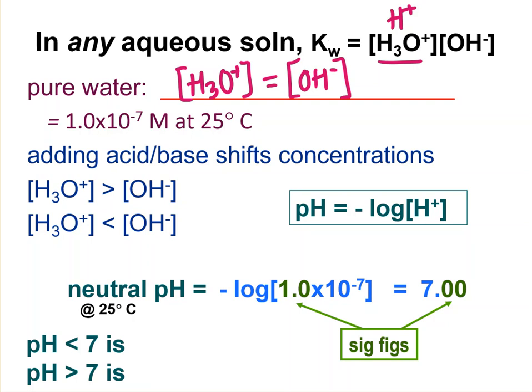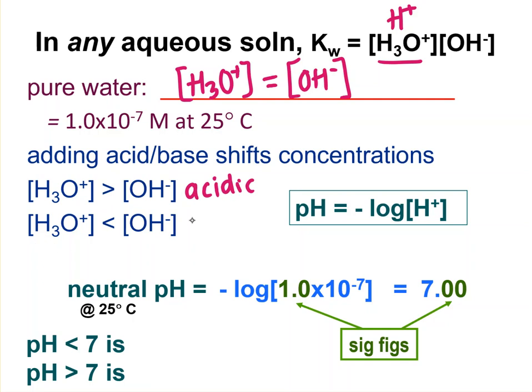So I mentioned the temperature there, but anyway, what if you have more hydrogen ions than hydroxide? Well, that can happen if you add an acid. And so that would be considered acidic. In pure water, they're equal, but when you add an acid, that happens.